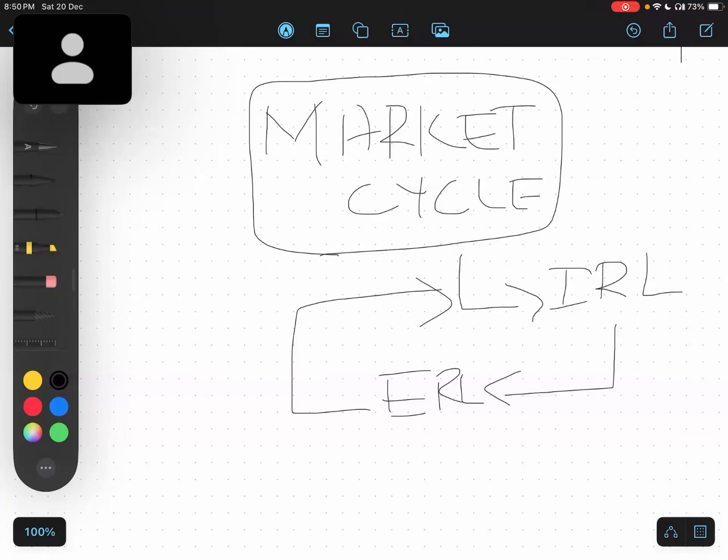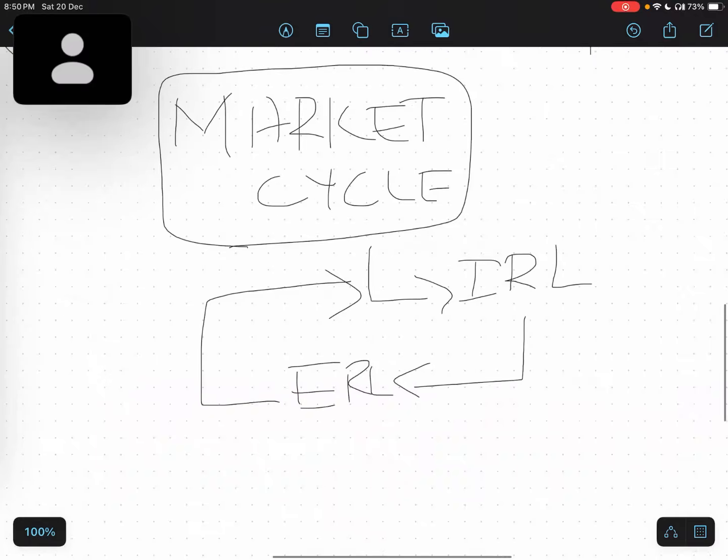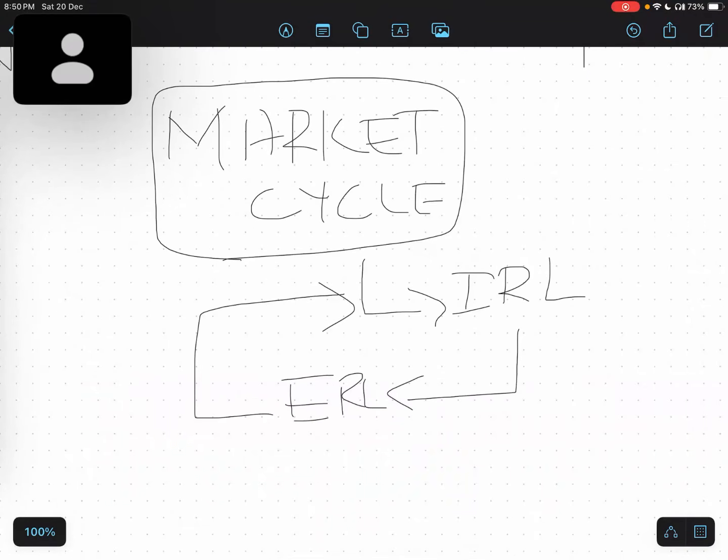So when it moves from internal range liquidity to external range liquidity to internal range liquidity, that is the market cycle. It always moves from one liquidity to another liquidity. Understand? So how we can consider whether the move is the expansion or the retracement, it's all about the liquidity. Understand? It's all about the liquidity.